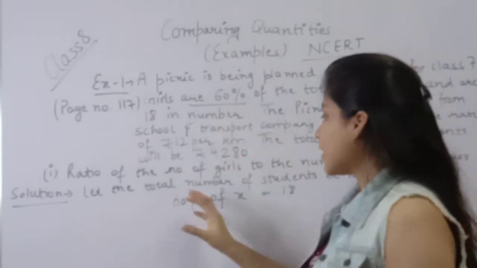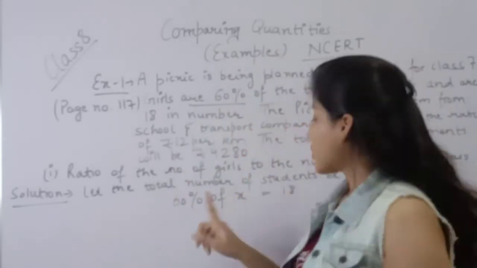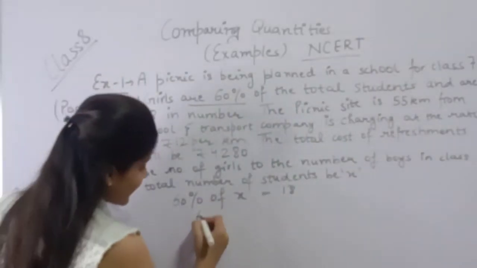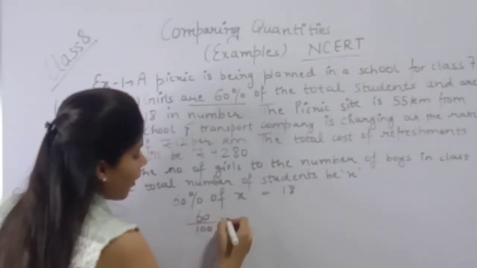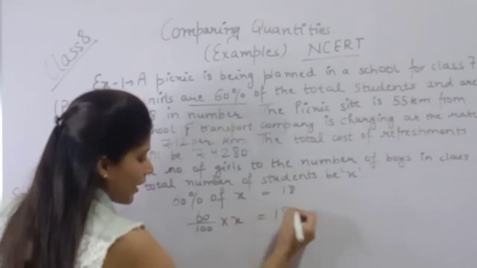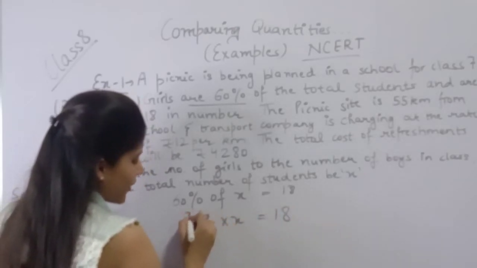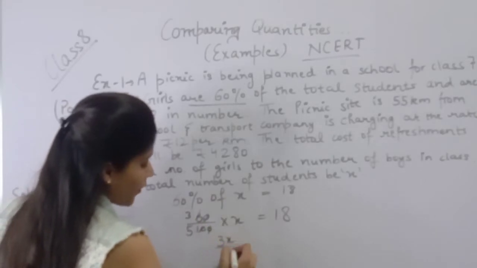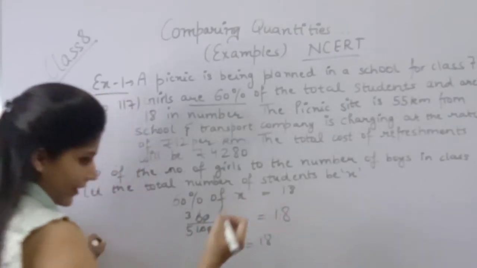So let the number of students be x. So 60% of x equals 18. It means 60 upon 100 of x equals 18. 2 3s are 6, 2 5s are 10. So this is 3x upon 5 equals 18.